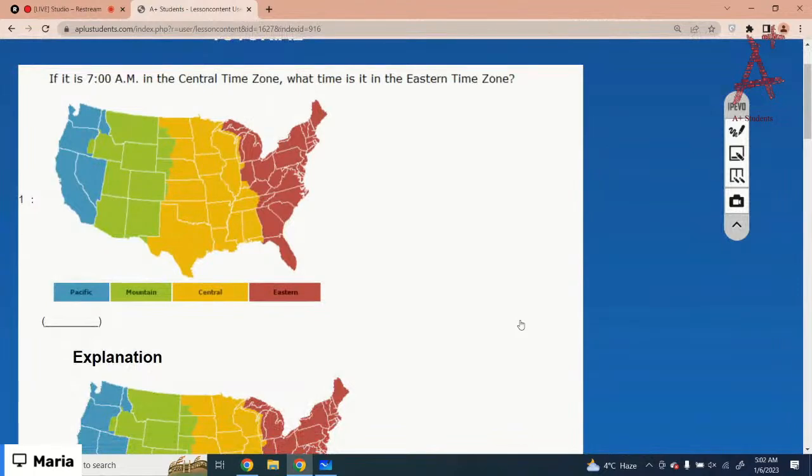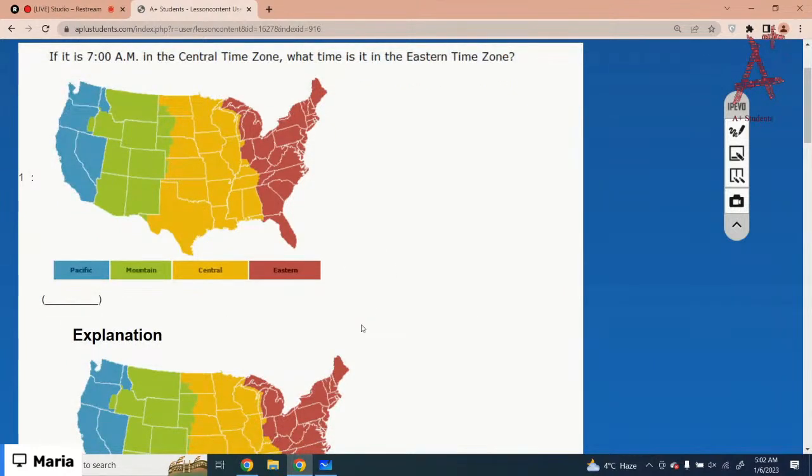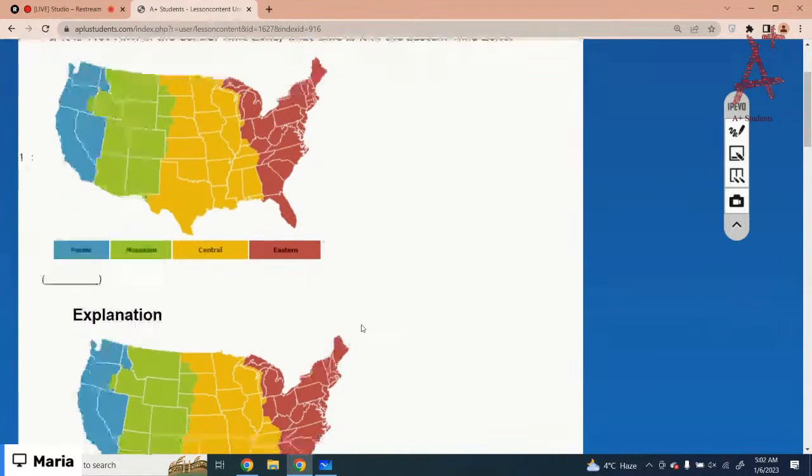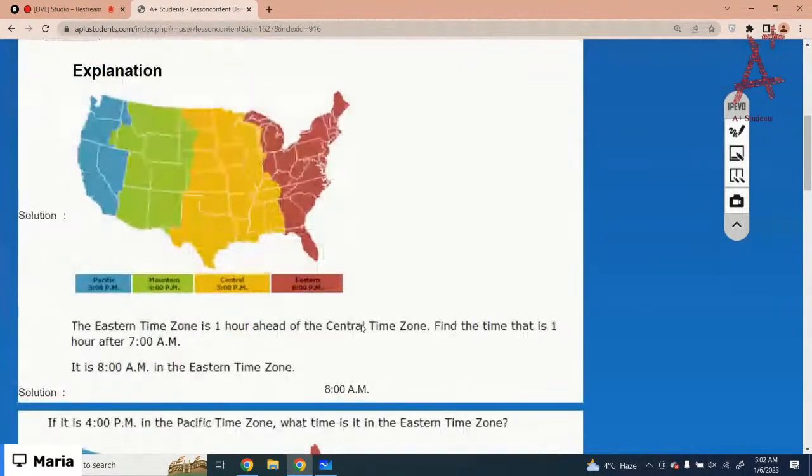If it is 7 a.m. in the central time zone, what time is it in the eastern time zone? Here you have the time zones mentioned. The blue one is the Pacific, then the mountain, then the central, and then the eastern.